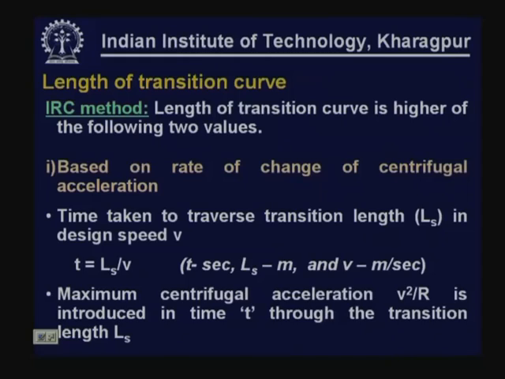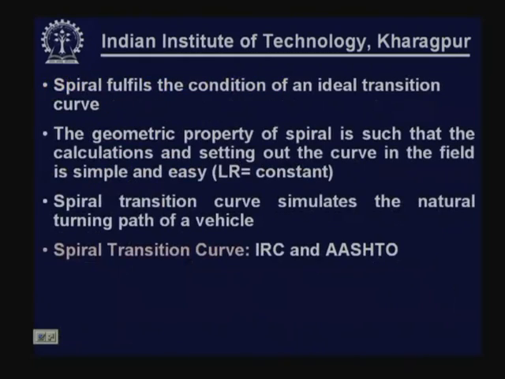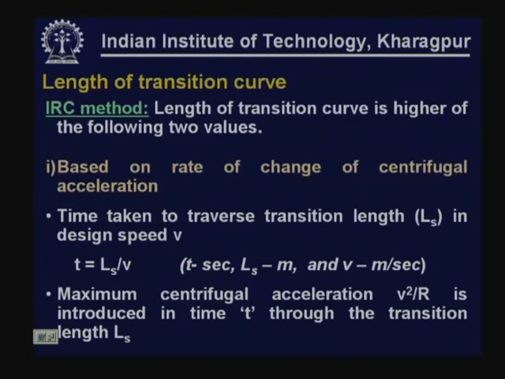Now, let us see the basis for calculation of the length of the transition curve as normally followed in India, or as given in the IRC guideline, Indian Roads Congress guideline.